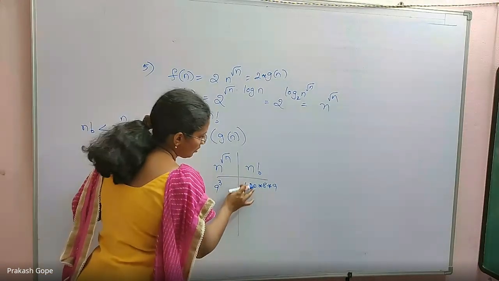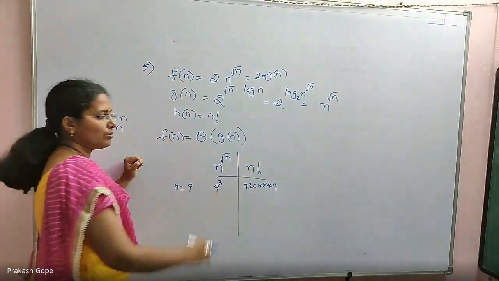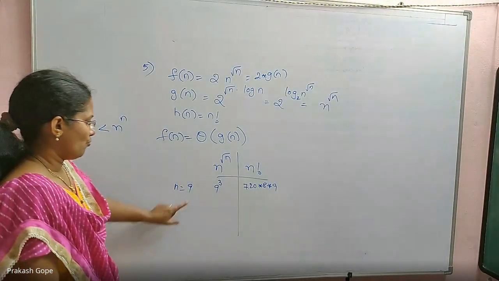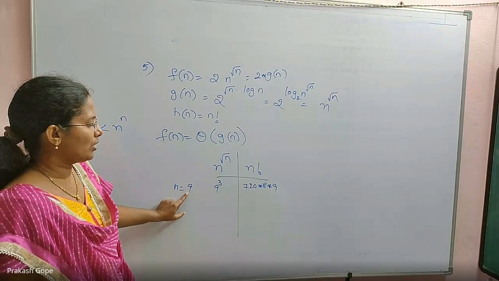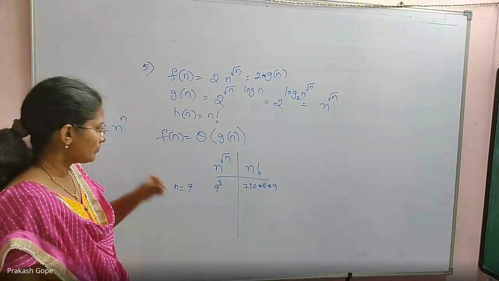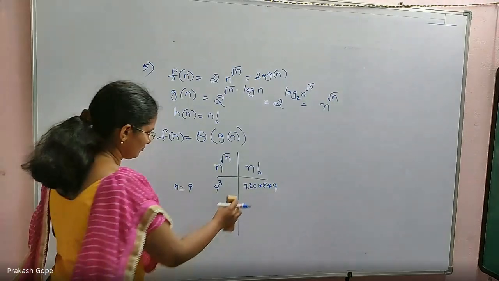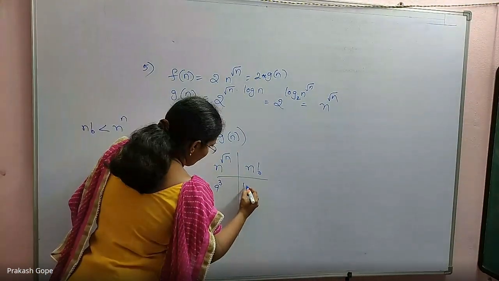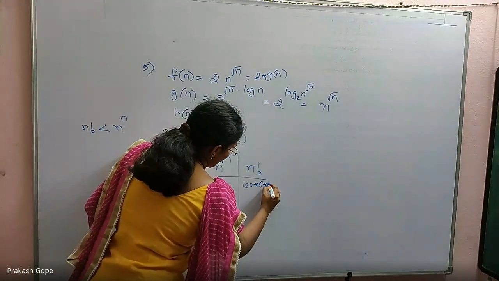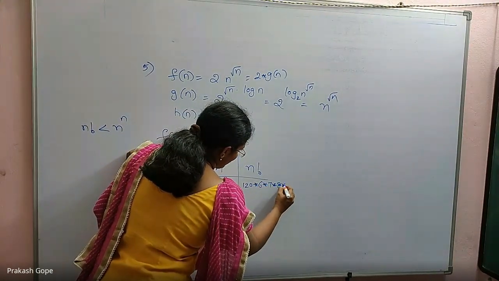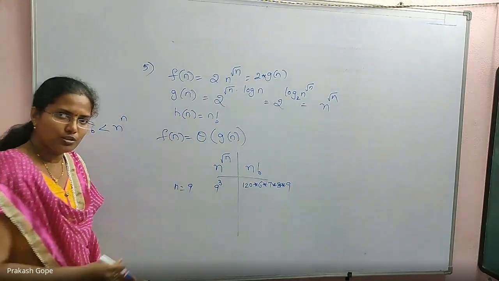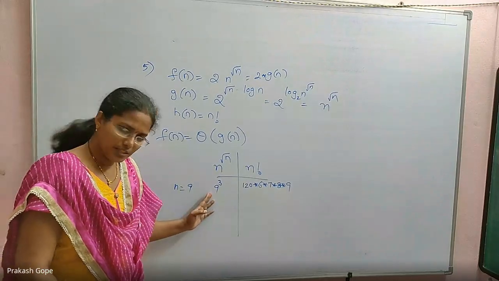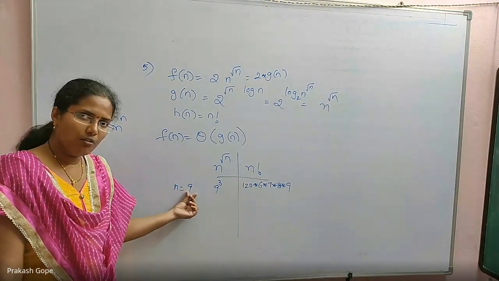But 9 factorial is 720 into 8 into 9 by the same logic, definitely much bigger than 1000, no doubt. I'm just talking about a small value 9.